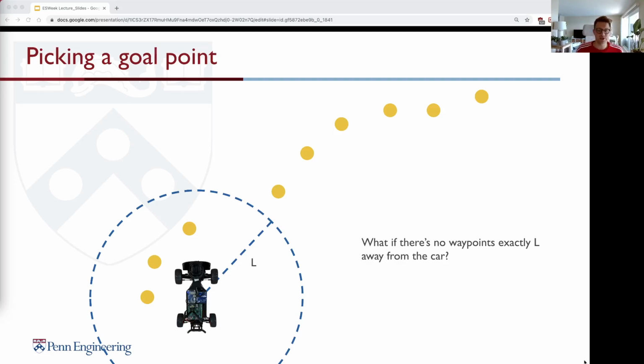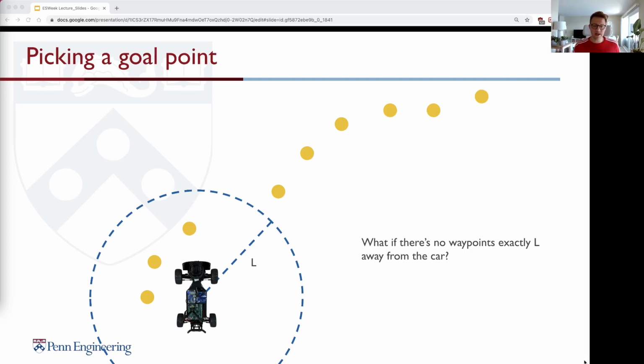But now is the big question. What do we do if there is no waypoint that is exactly the look-ahead distance away from the car? Like, what do we do? Do we search for the closest one afterwards? Or do we search for the closest one that is below, inside this bubble?